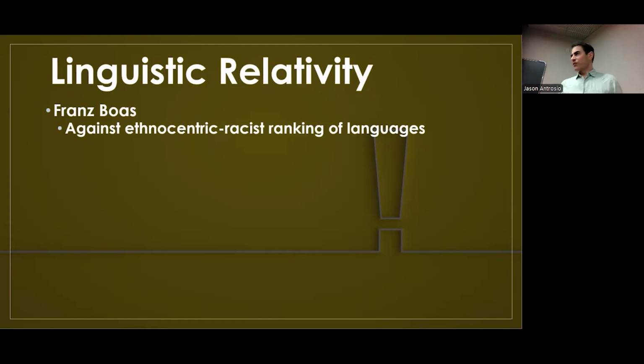So Boas and other linguistic anthropologists were interested in documenting different languages around the world. And they were also interested in documenting them because they were fighting against the language loss that was going on at the time, and in many ways is still going on today, where people give up or are forced out of their languages in preference for one of the more dominant languages.